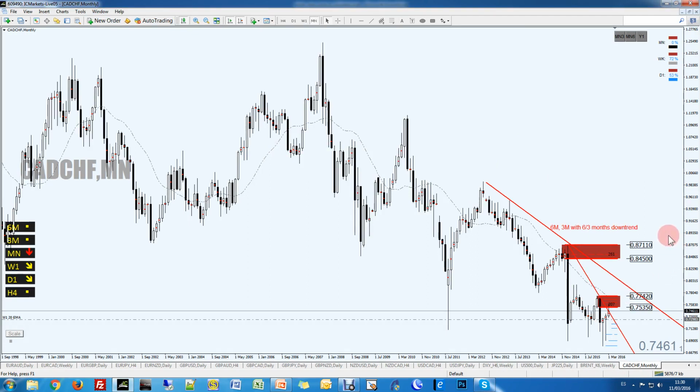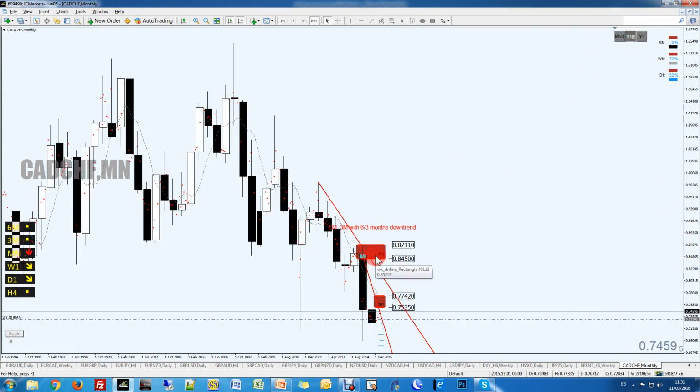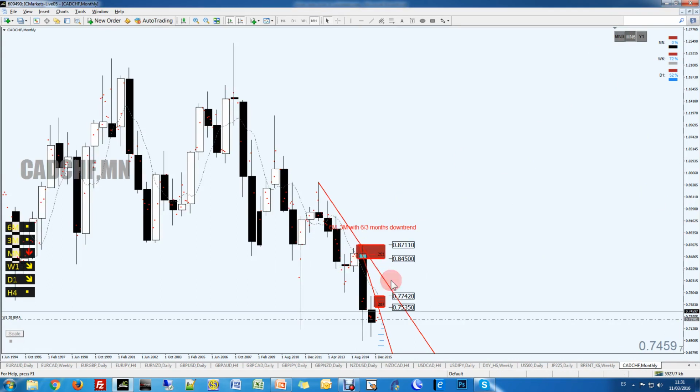So even though we have the monthly out of alignment, when price breaks this area over here, we will be able to trade that area short, set and forget. Why? Because that area is nested within a 3 months area of supply with a 3 months downtrend and a 6 months area of supply, which is proximal line here, with a 6 months downtrend.